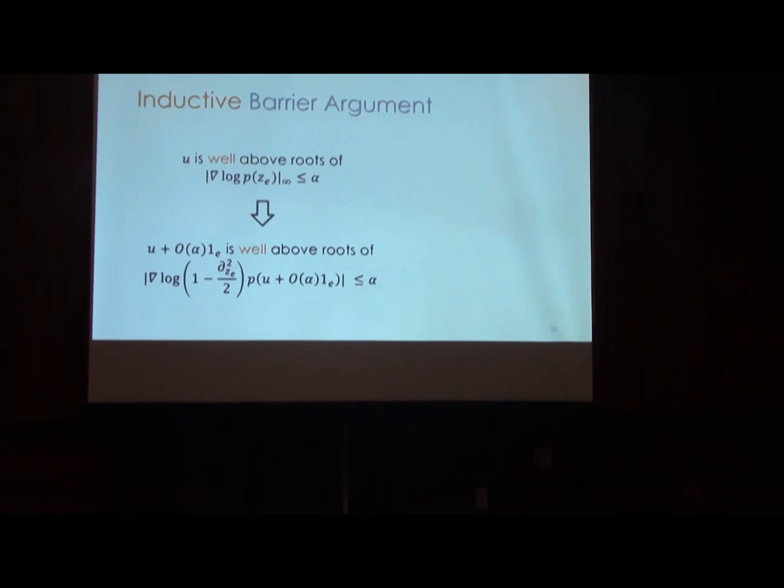So what I can in the end prove is that if this value is bounded by alpha, then the movement you need is bounded above by alpha, so that after you do this movement, the same condition holds again: you are well above the roots by the same measure.